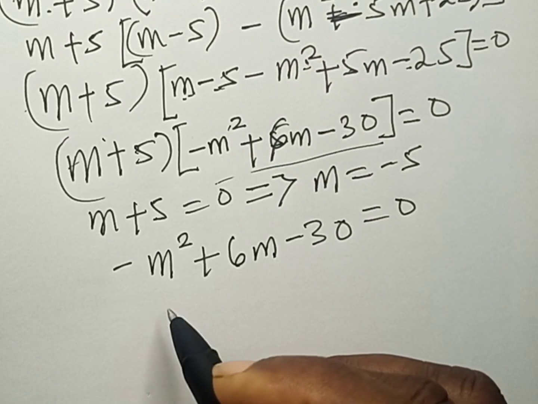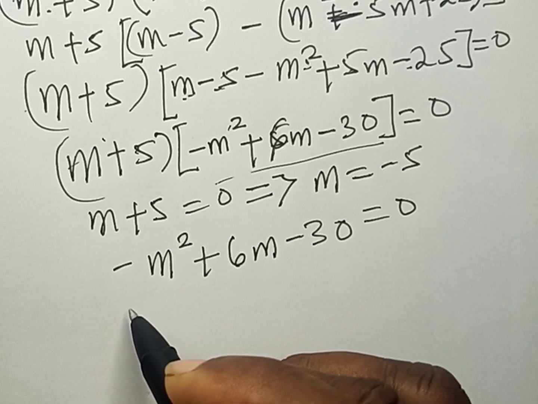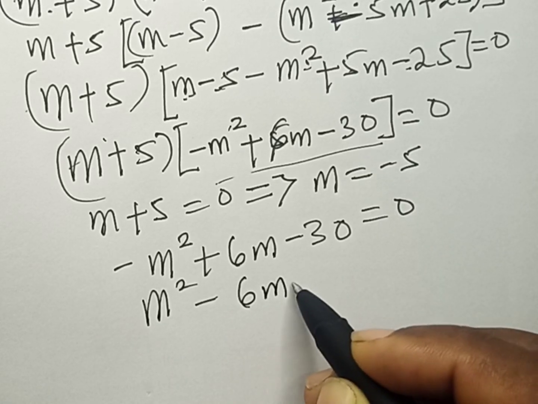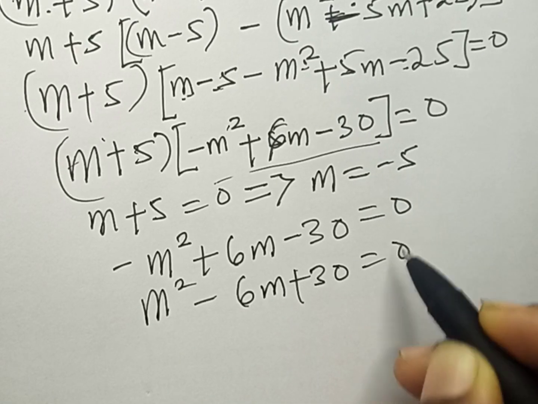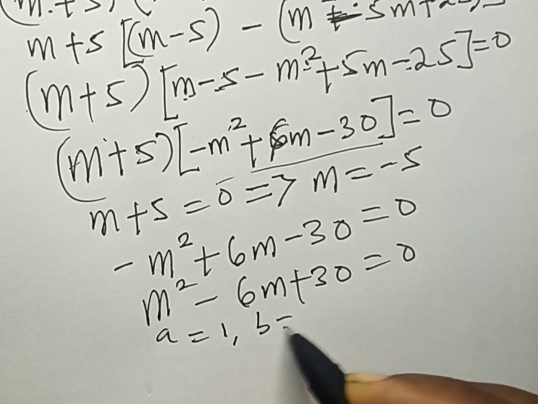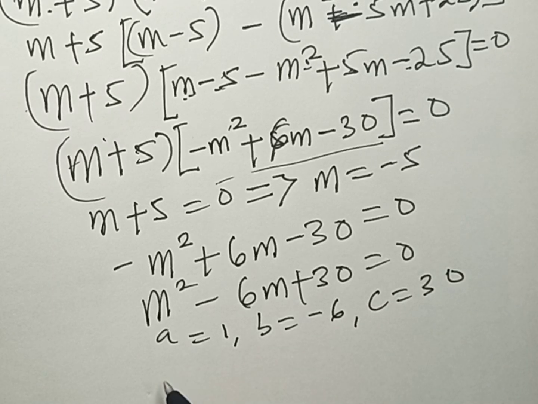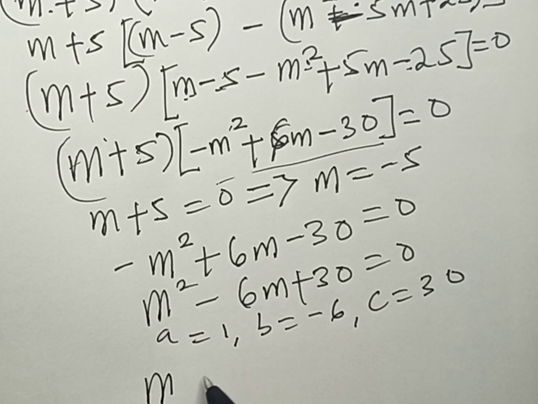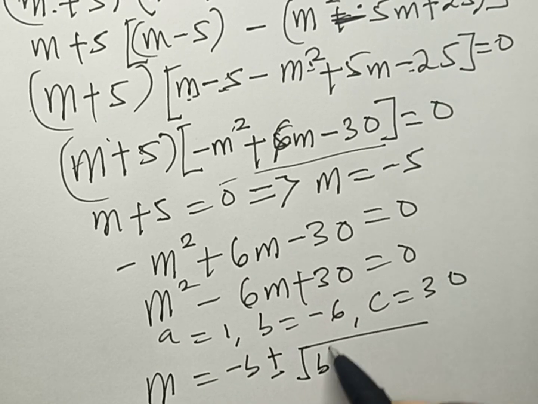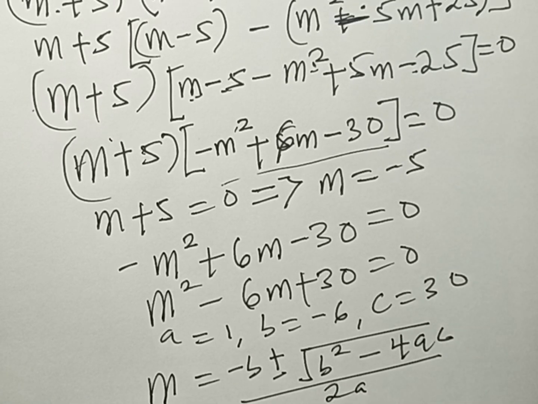So if we are solving it, we can use the quadratic equation formula, or we can rewrite this as m squared minus 6m plus 30 equals to 0. This is a quadratic equation. Here a equals to 1, b equals to minus 6, c equals to 30. So if we apply the quadratic equation formula now, m equals to minus b plus or minus root of b squared minus 4ac all over 2a.